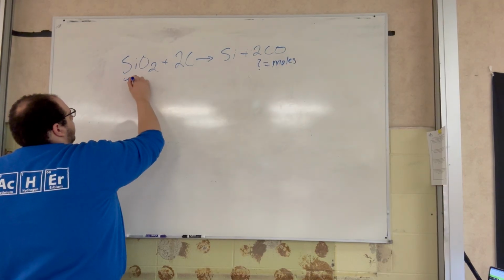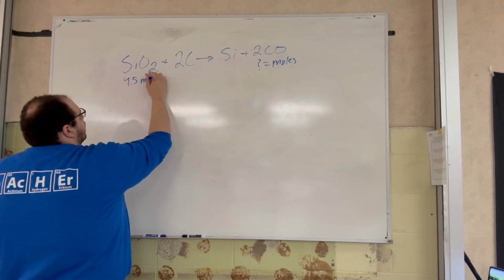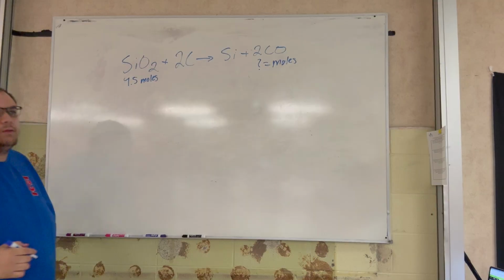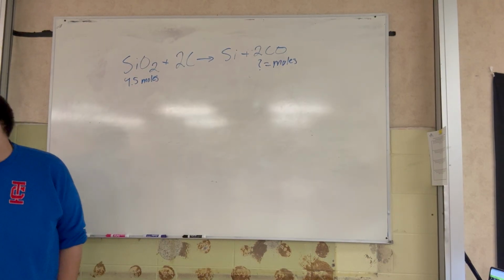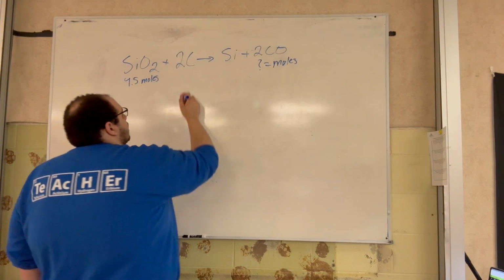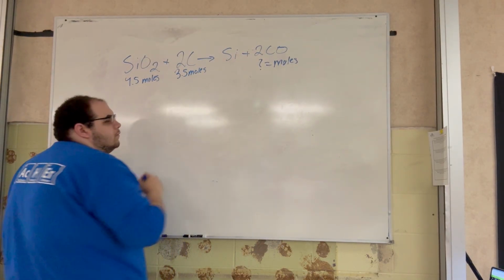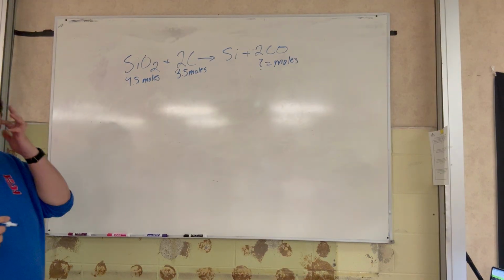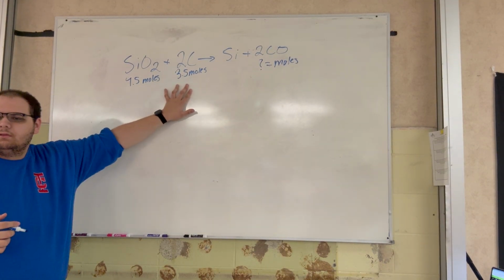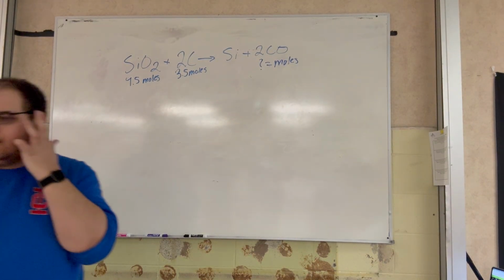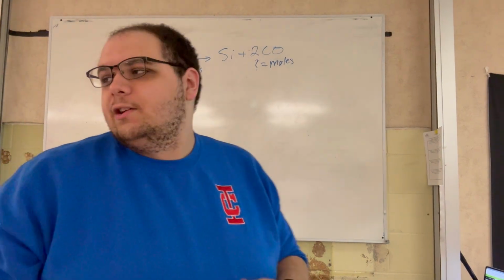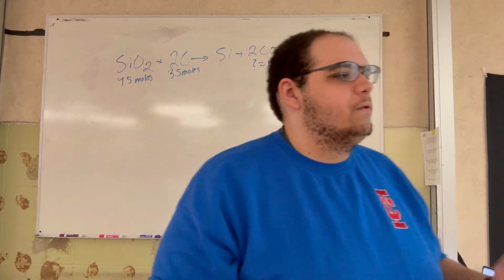We have 4.5 what? Moles. Ethan, what's my last given? 3.5 moles of carbon. Perfect. The new piece of information is that now I have a number for both of my givens, which is not something we've yet done. But I promise you, nothing we do today will be different than what we did on Friday.